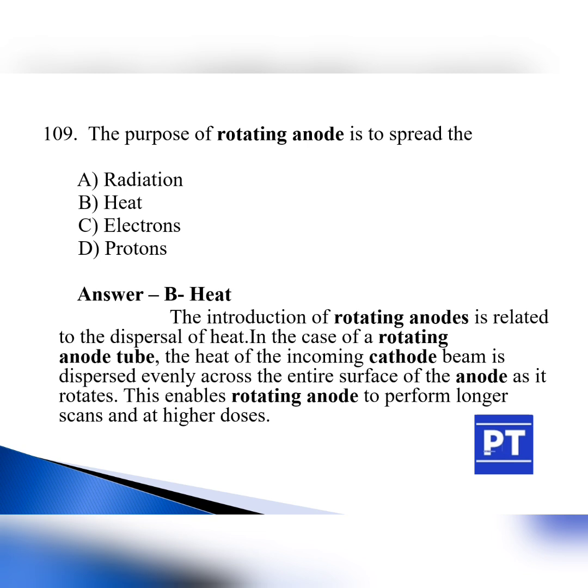In a rotating anode tube, the heat of the incoming cathode beam is dispersed evenly across the entire surface of the anode as it rotates. This enables the rotating anode to perform longer scans and at higher doses.